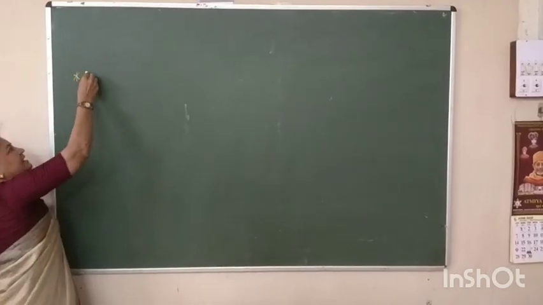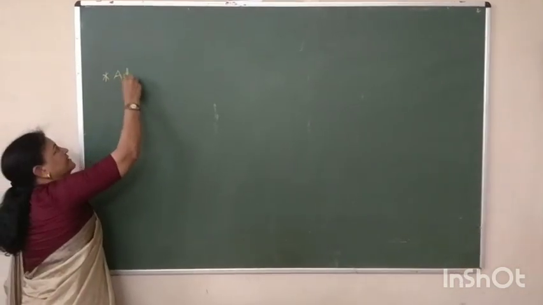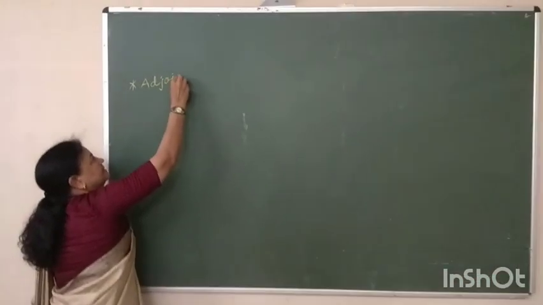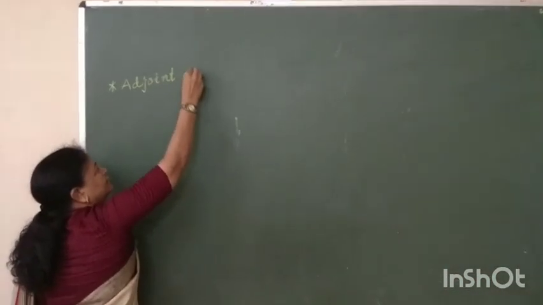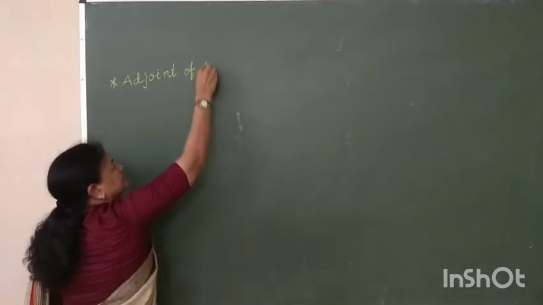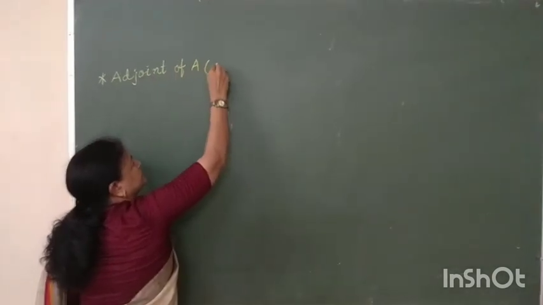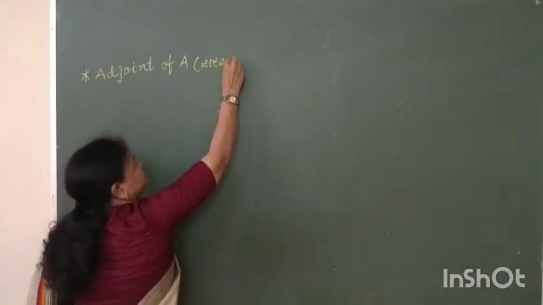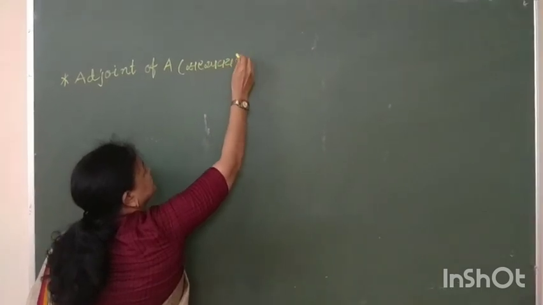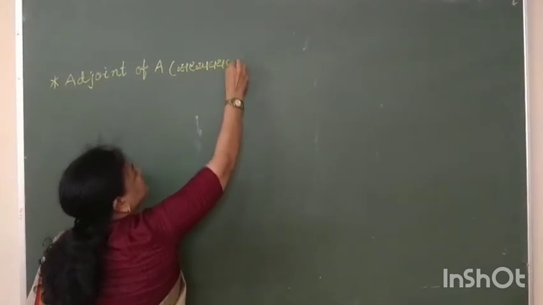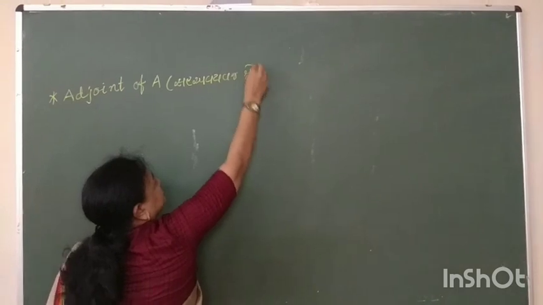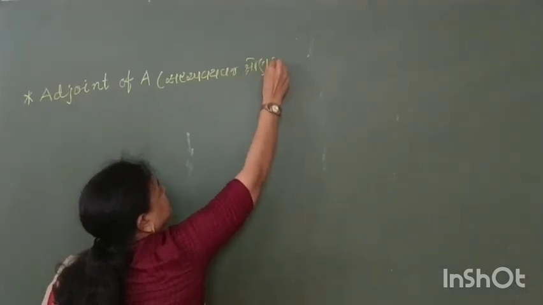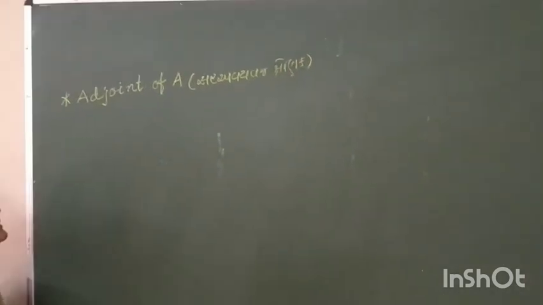We will study adjoint of A. Adjoint of A, that is, the cofactor matrix.